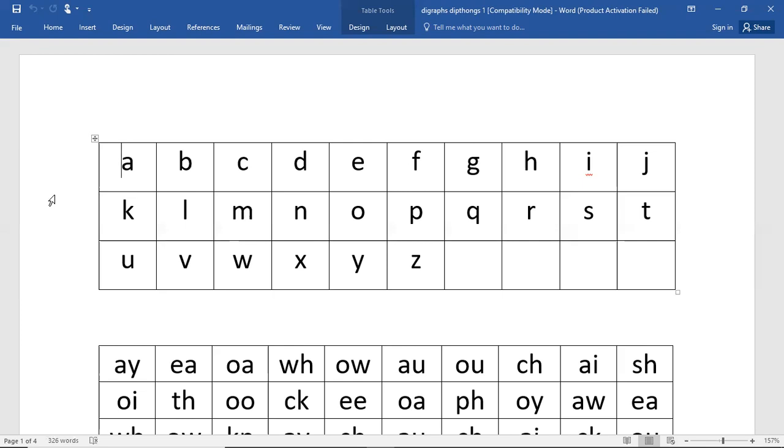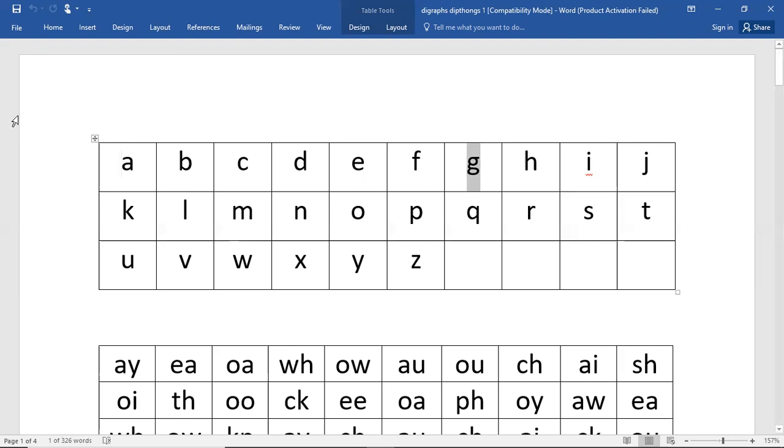First, we have A or A, B, B, K or S, D, D, E or E, F, G or J. G is interesting because it makes those two sounds.